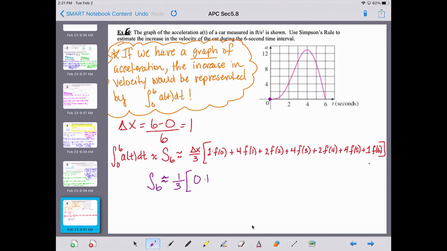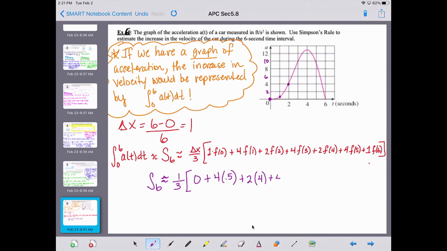Plus 4 times f of 1. Well, it looks like maybe a quarter of the way, so I'm going to call that 0.5 on my y-axis. So 4 times 0.5, plus 2 times f of 2, which is at exactly 4.